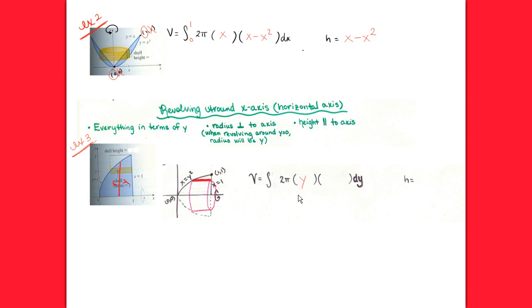My height is parallel to what I'm revolving around. So since I'm revolving around the x-axis, I'm going to choose a cross-section parallel. And so I'm going to need to do right minus left. So my right equation is 1, and my left equation is y squared. So my height's going to be 1 minus y squared.